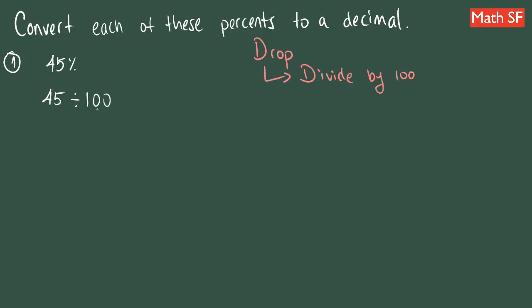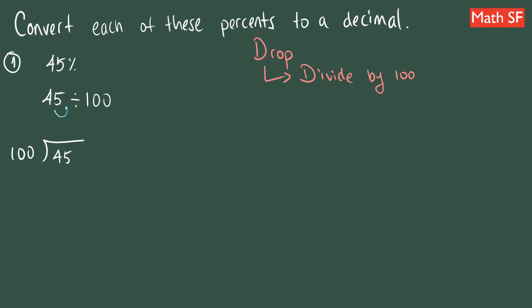Since they want you to convert this to a decimal, we can use long division, with the 45 going inside and 100 outside. However, we can also use the shortcut: if we're dividing any number by a multiple of 10, in this case 100, we locate the decimal point of 45, which is here, and move it 2 spaces to the left.